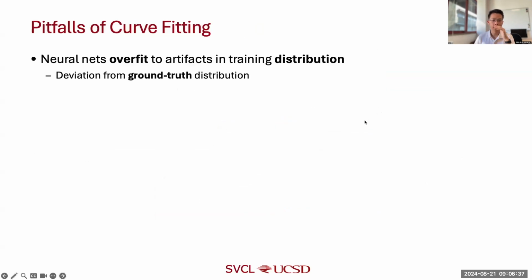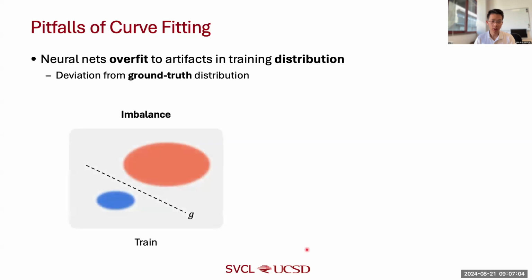Now, one feature that made deep neural networks so successful is that they're good at fitting distributions given enough data, exploiting all the cues they can, even subtle cues that are difficult for humans to recognize. However, oftentimes there may be artifacts in the training distribution, in a way that they deviate in certain ways from the real ground truth distribution of the task.